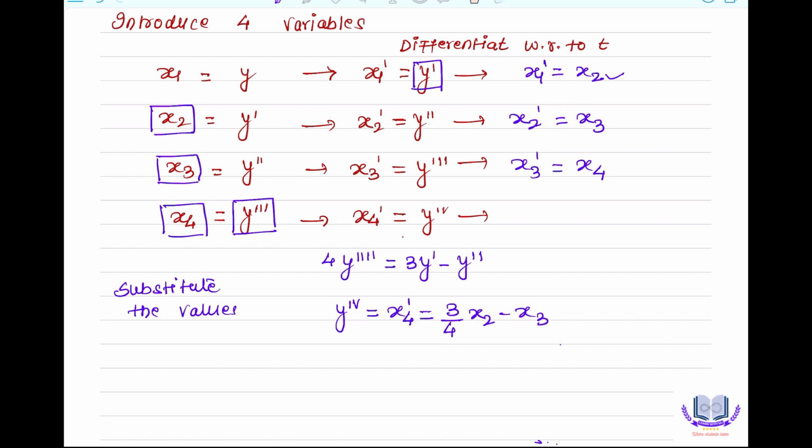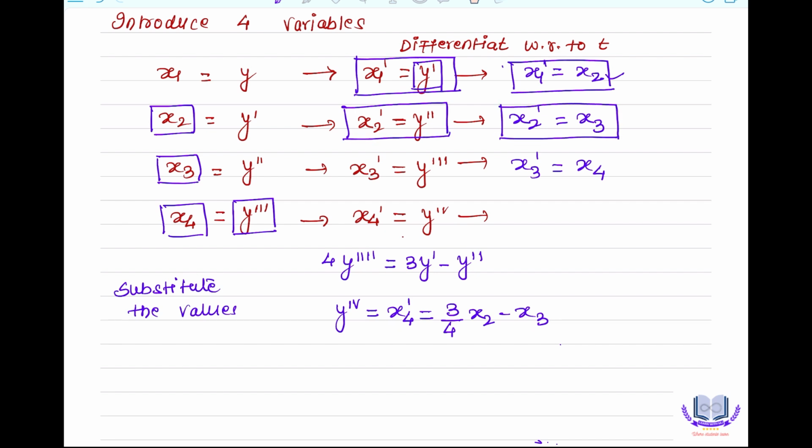Right? So what is y dash? Here y dash is x2. If you can see from here, y dash is x1 dash and x1 dash is your x2. Okay. And what is y double dash? Y double dash is x2 dash and what is x2 dash? It is x3.